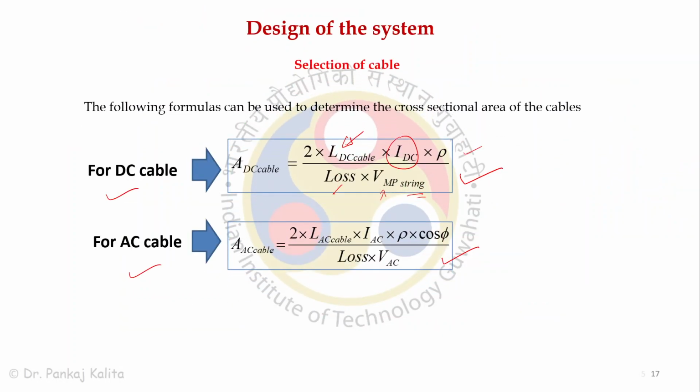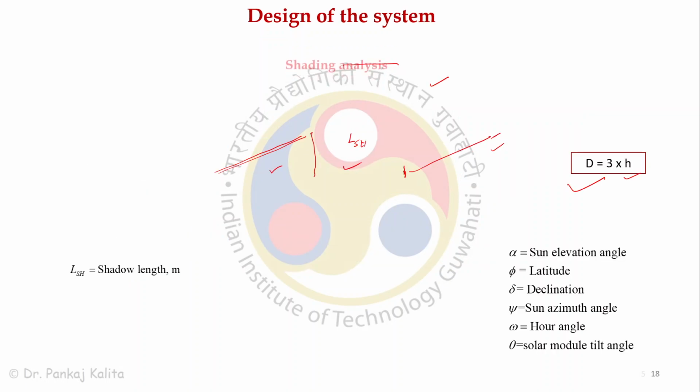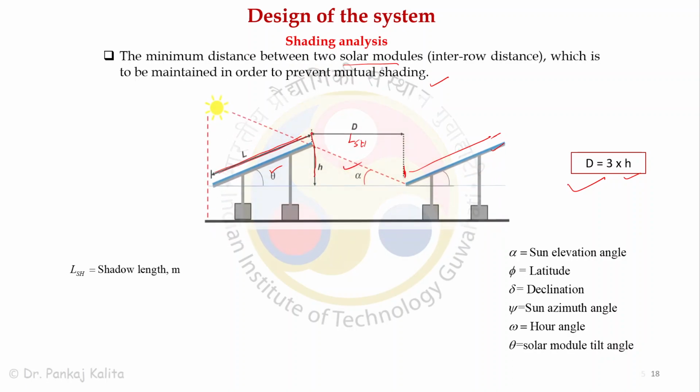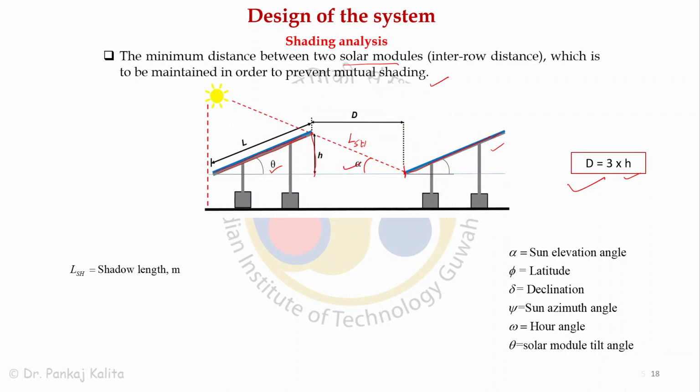So there is a formula for selection of DC and AC cables also. There is also shading analysis, which is quite important because when modules are arranged in parallel rows, one of the modules can cast a shadow on the other module. So this has to be designed so that even when the sun is at its lowest position, a module cannot cast a shadow on the next solar cell.